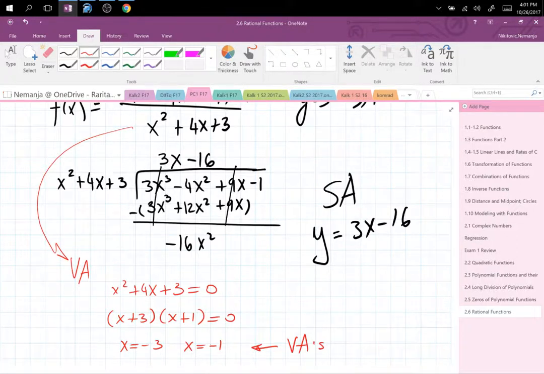So quick algebra solves the question, and we can also say no horizontal asymptote, because we have slant. You can't have slant and horizontal.